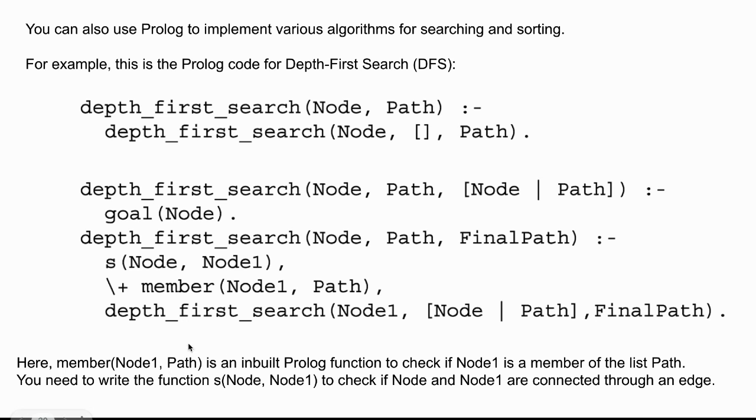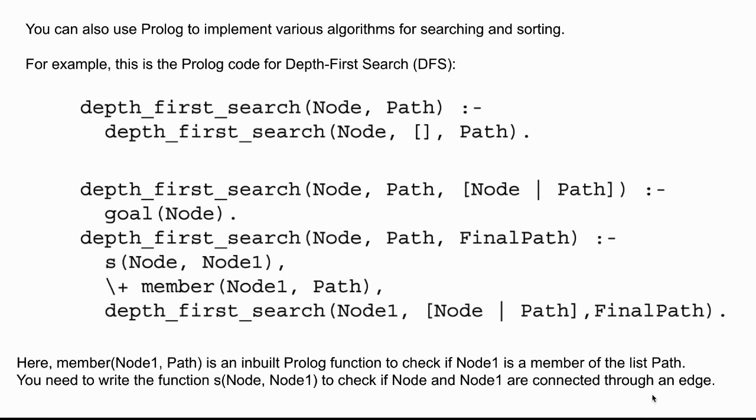Path is a list which contains the nodes in the path from point A to point B. Here I've given you this depth_first_search functor definition, and there is the inbuilt function member, but there's another functor called s which I have not defined, which you need to define, and that functor should check if node and node1 are connected through an edge or not.